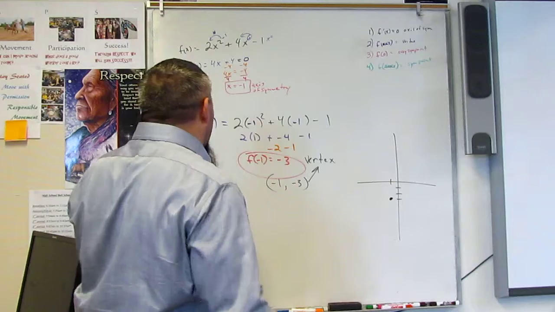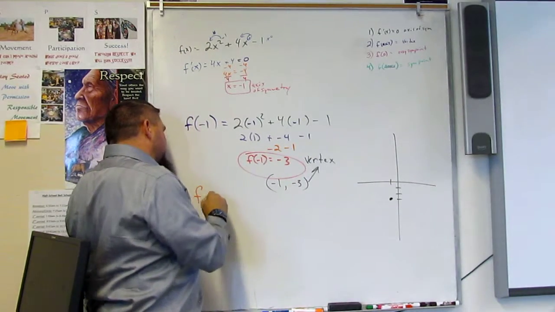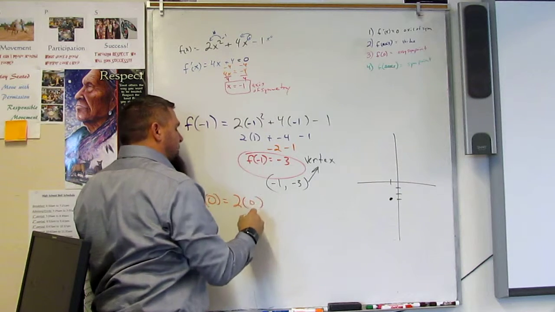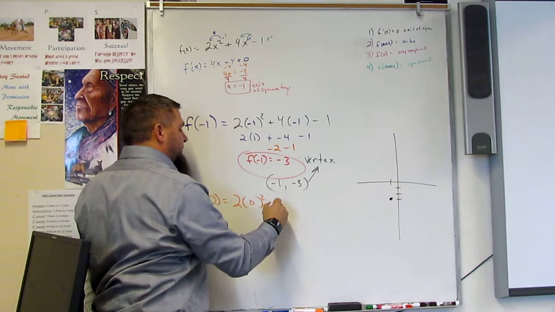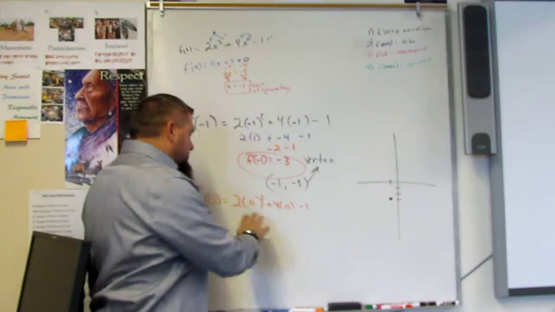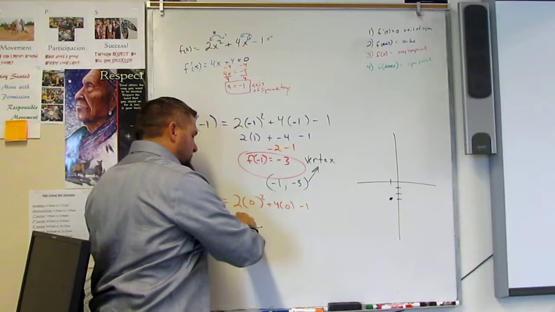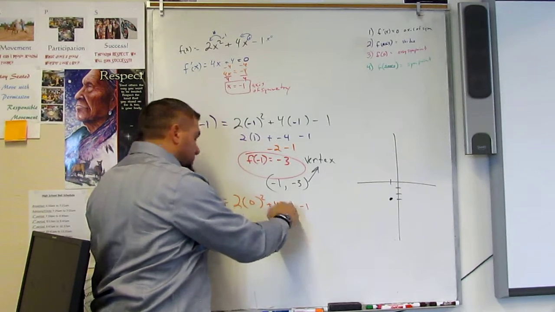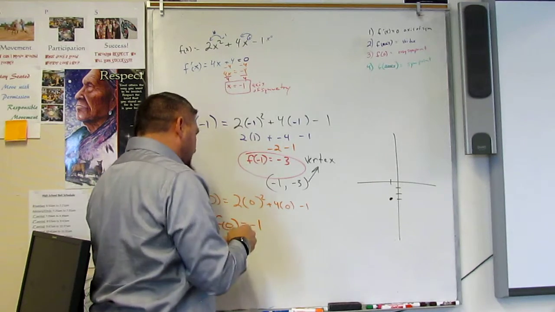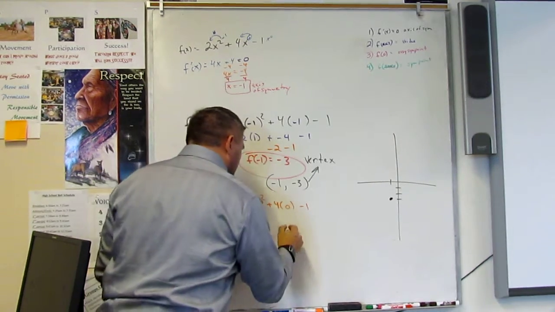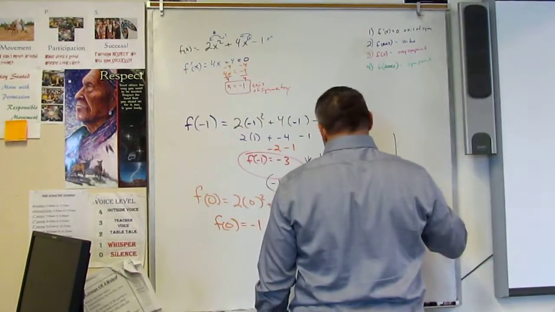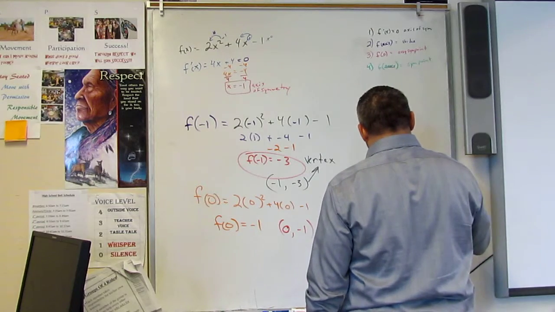All I'm doing here is saying f of 0 is equal to 2 times 0 squared plus 4 times 0 minus 1. What you'll notice is it gets rid of all of this. It's all 0. So f of 0 is equal to negative 1, and that gives us a point: 0 and negative 1.